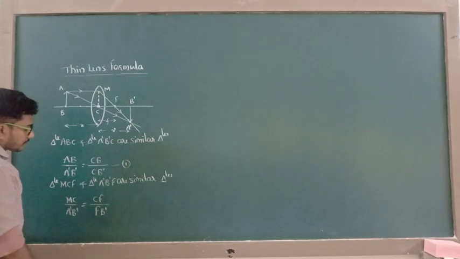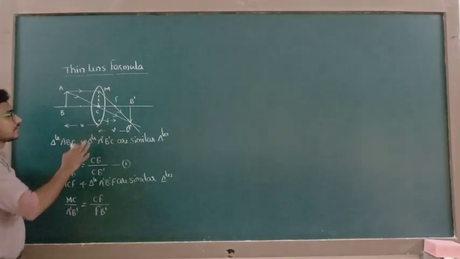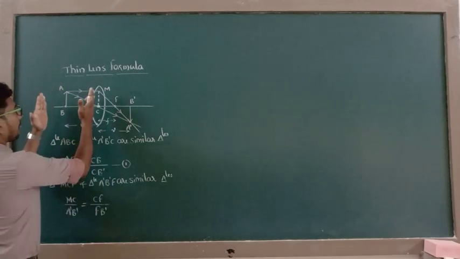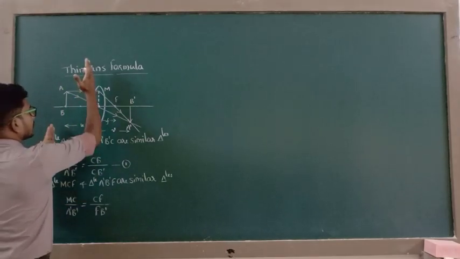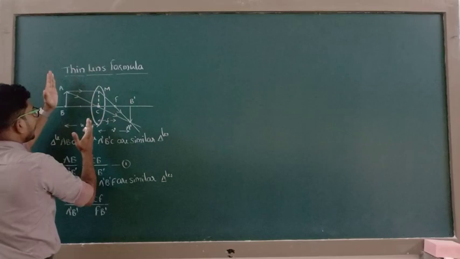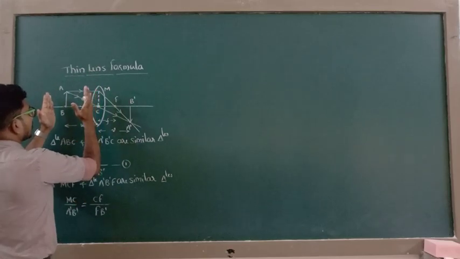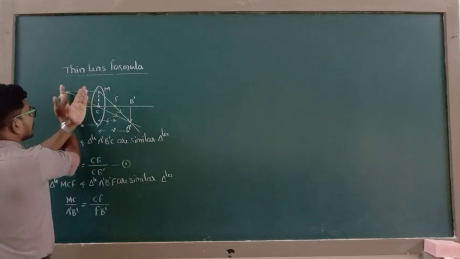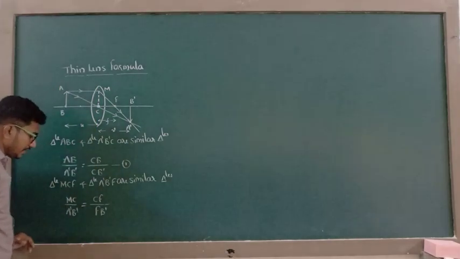So you just observe this ray diagram. Here MC is parallel to AB. Therefore, instead of MC, we can write AB.